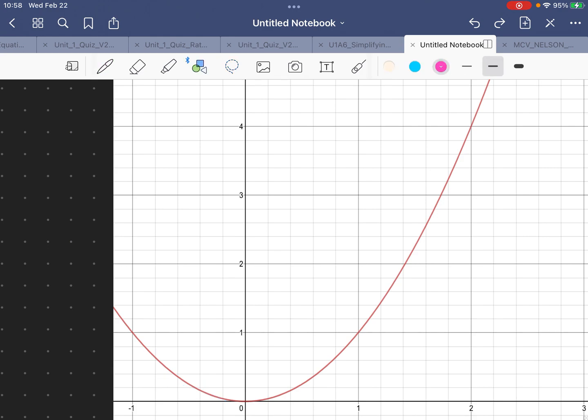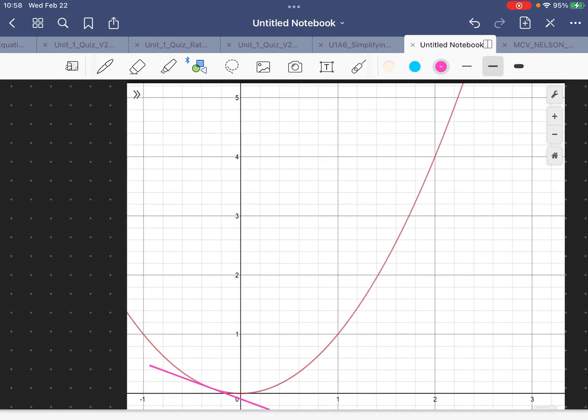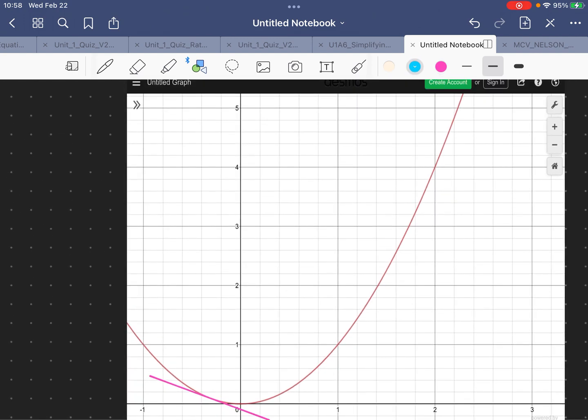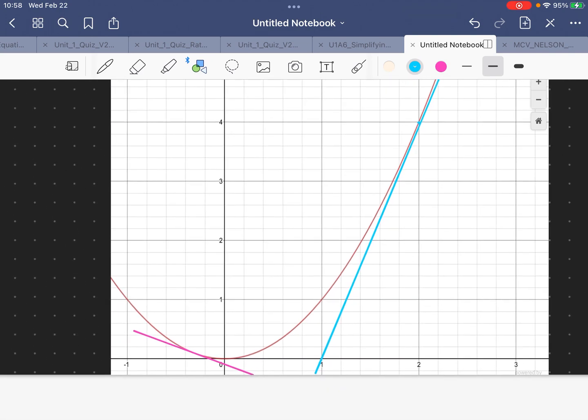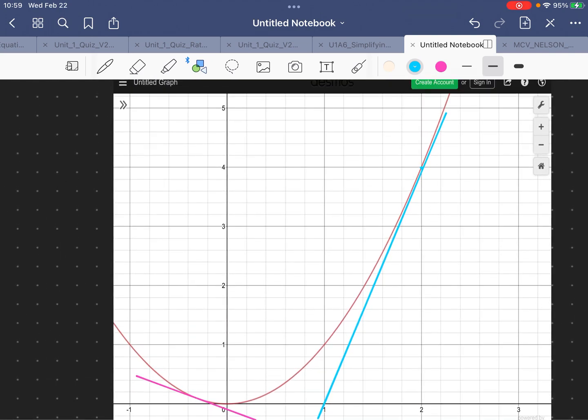All right, I think this is good enough. And when you go at x equals 2, which is somewhere in here, let's try to draw a tangent line. You can see that the two lines will be almost perpendicular in here if we continued. So you can see that this answer does make sense in a way.